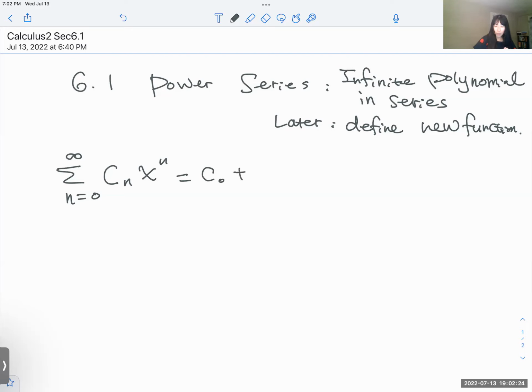Plus, when n equals 1, we have c sub 1 x to the first power, plus when n equals 2, we get c sub 2 x to the second power, and so on, and keep on continuing until infinity. We call this a power series. This is the form of it.